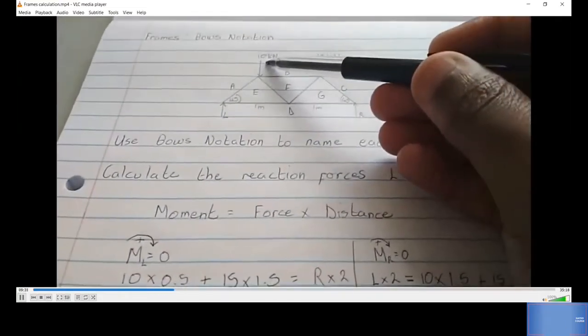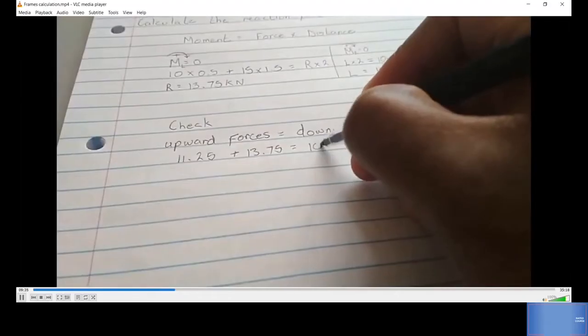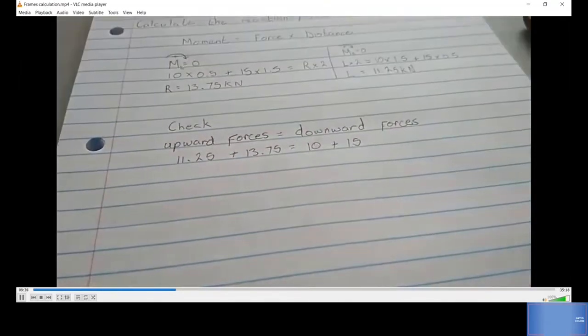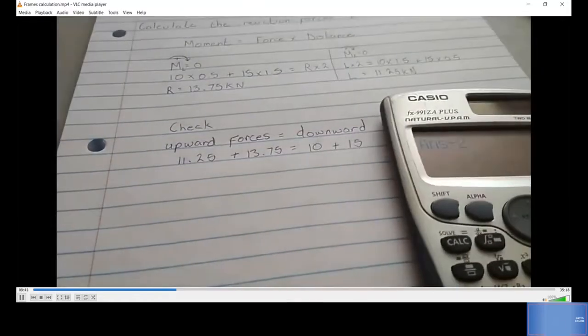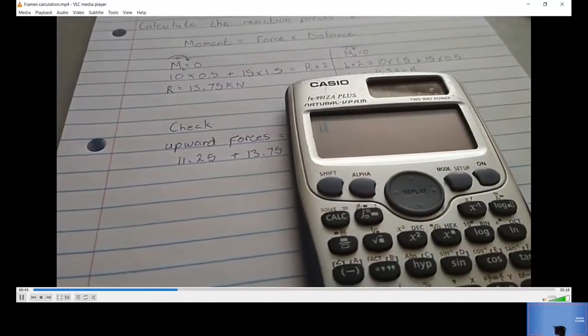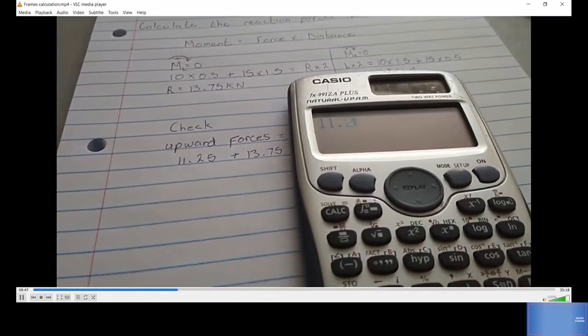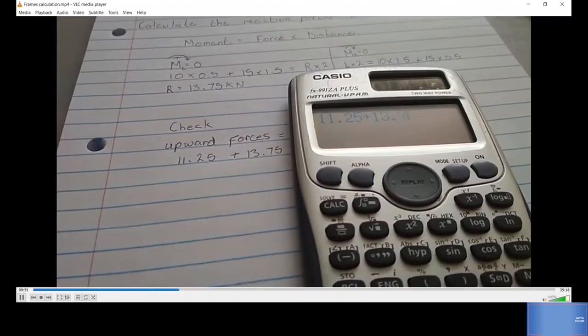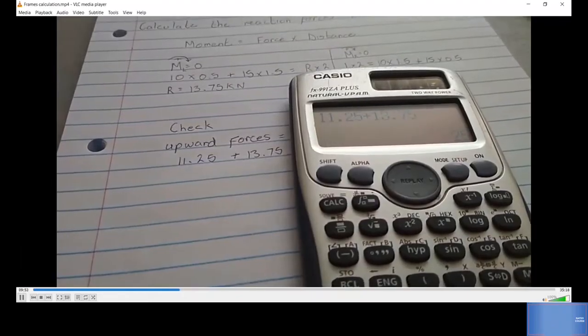Our downward forces, we had 10 and 15. So we're going to say 10 plus 15. Then we're going to take our calculator. We'll start with this side. 11.25 plus 13.75 is equal to 25.